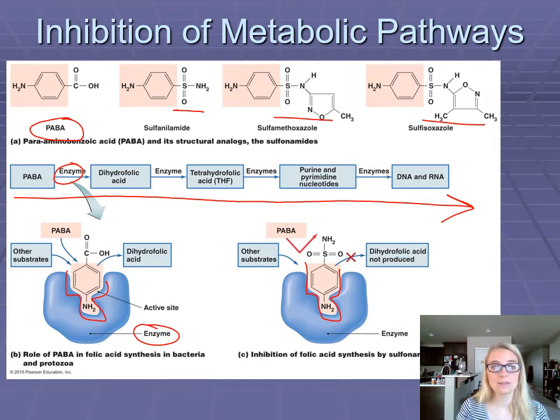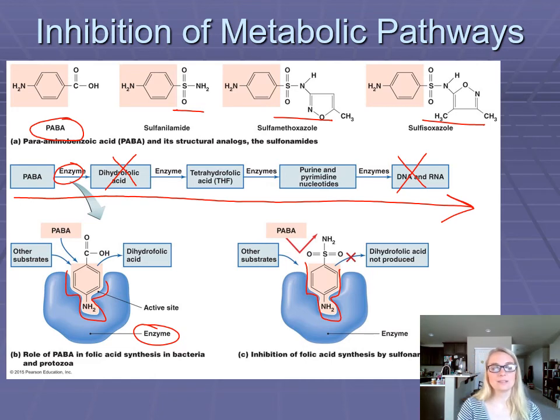So what it does is competitively inhibit PABA from binding to the very first enzyme in this metabolic pathway. If we don't get this component of the pathway, we don't get the end product of that pathway. So by putting these sulfa-based drugs in your system, as a cell is actively trying to divide and make DNA and RNA, it's not going to be able to, because it won't have those precursor molecules that eventually give it what it needs to make more of itself.